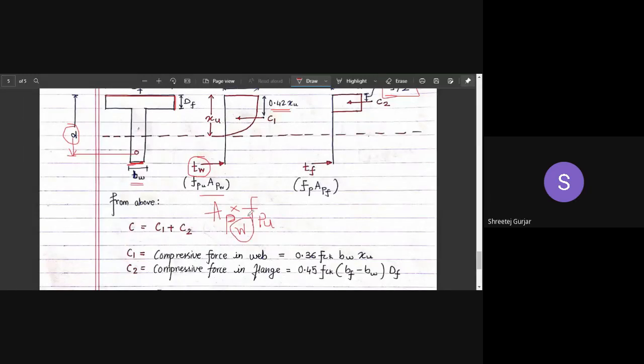We are dealing with web. Similarly here, FP into APF, the area of steel in flange.